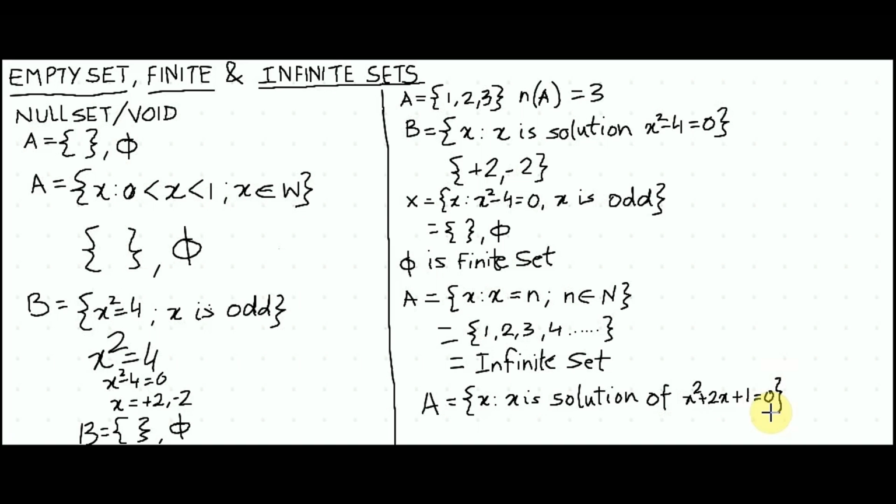The solutions will be either rational or irrational, but there will be only two solutions, so there will be two elements. We can say that it is a finite set. Let the solutions be a and b. I have not found the solutions, but there will be only two, so it is categorized as a finite set.